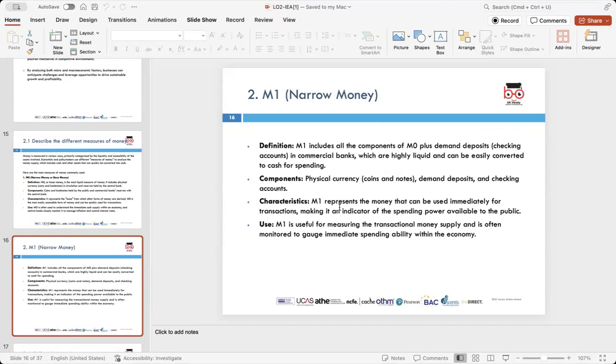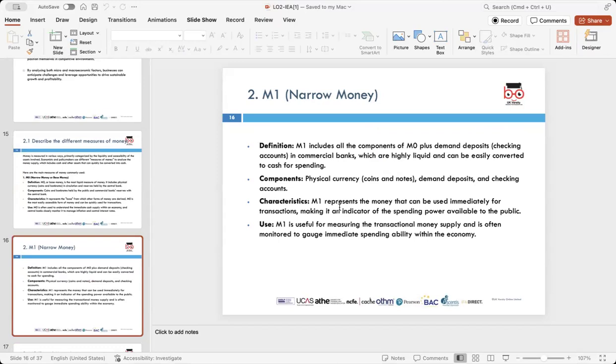M1. Moving one step beyond M0, we have M1, which includes the components of M0 plus demand deposits, checking accounts.